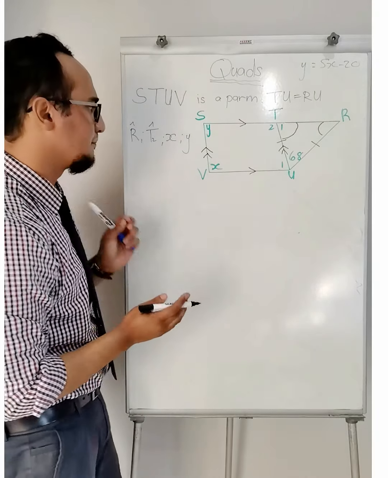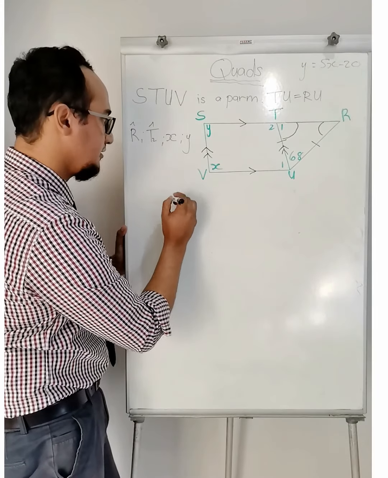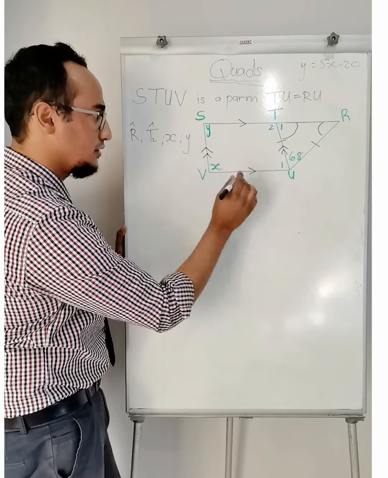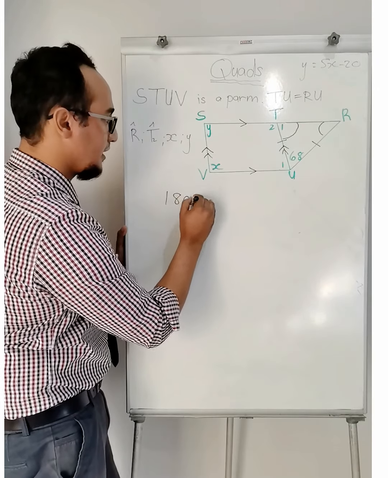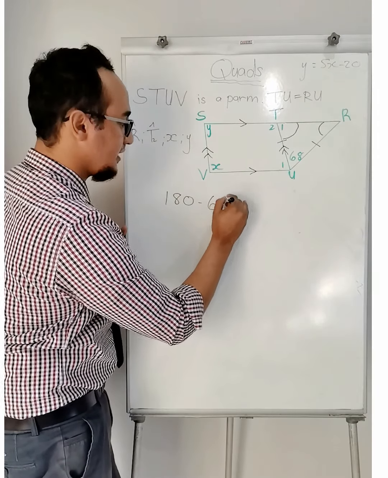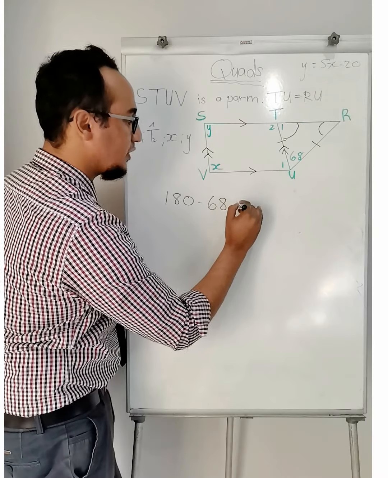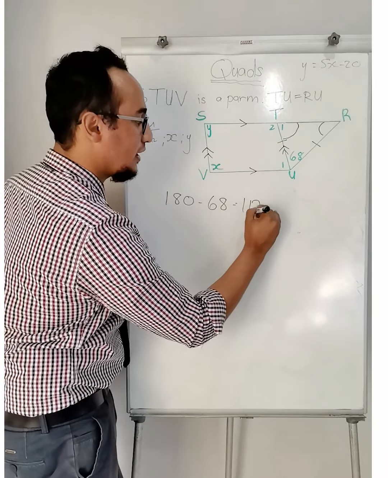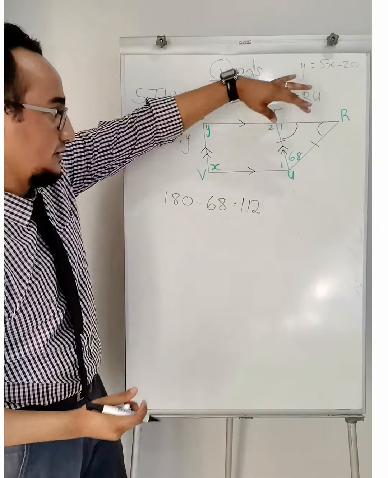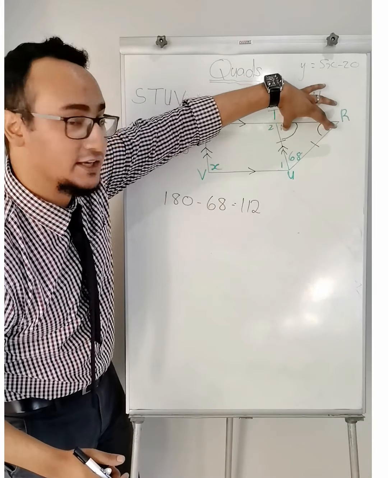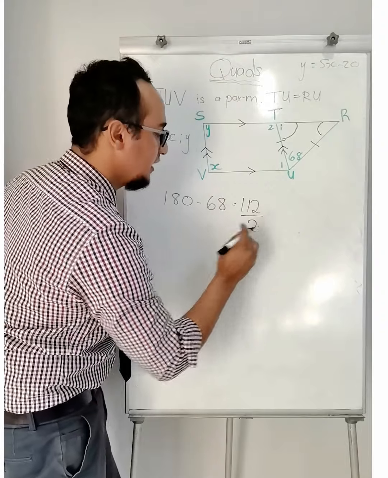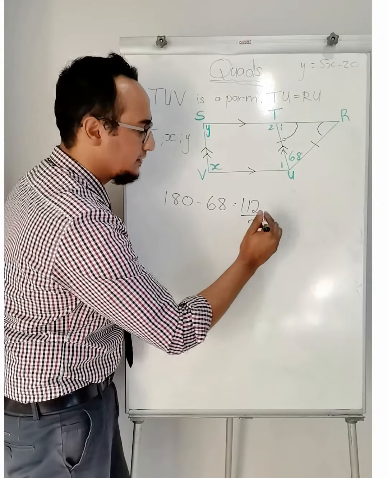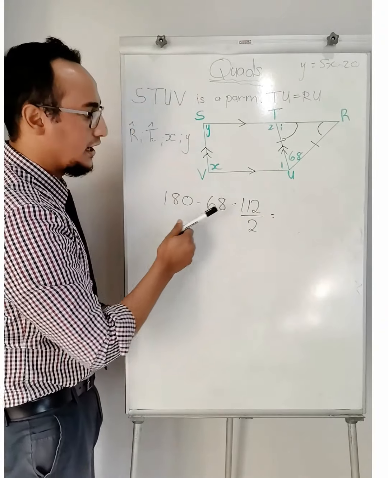Therefore, I can say that angle T and R are the same. So 180 minus 68 is going to give me 112. But remember, it is split between these two angles because it's an isosceles triangle. Divided by 2, and remember, you can do any method. This is just the easiest one for me.